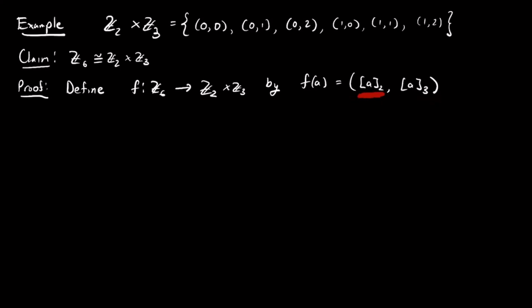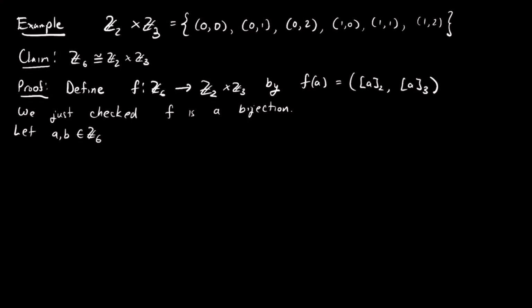So this is just saying a modulo 2, and this is just saying a modulo 3. I'm going to use the subscript 2 to indicate mod 2, the subscript 3 to indicate mod 3. And so what's the idea here? Well, we just checked that this function is a bijection, right? We just constructed this function. Let's check that this is actually a homomorphism, because we want to make sure that it preserves addition, and we want to make sure it preserves multiplication. So let's check that it has those properties.